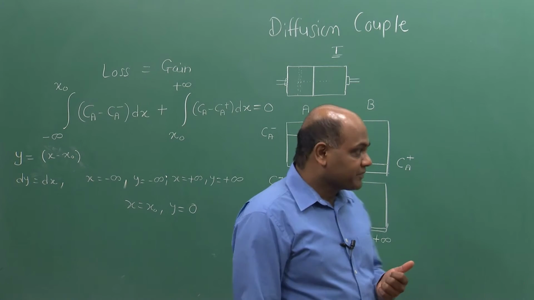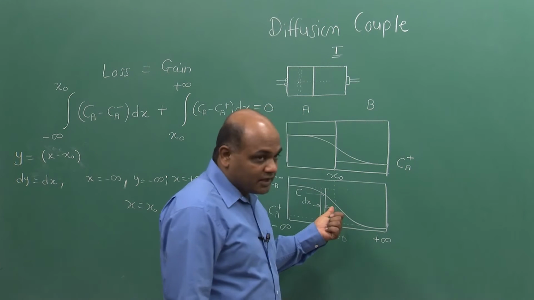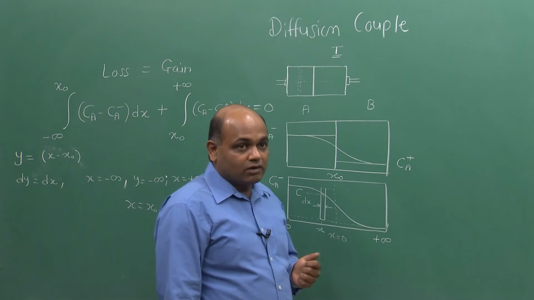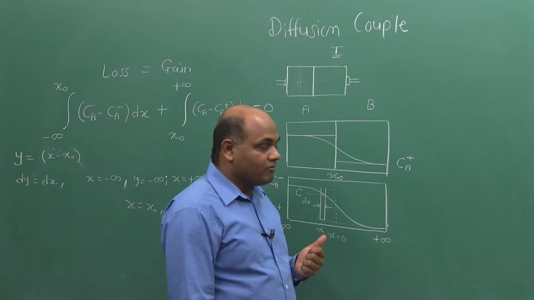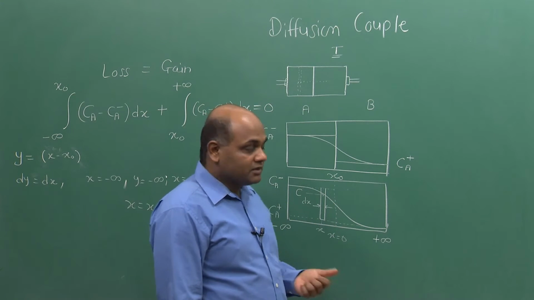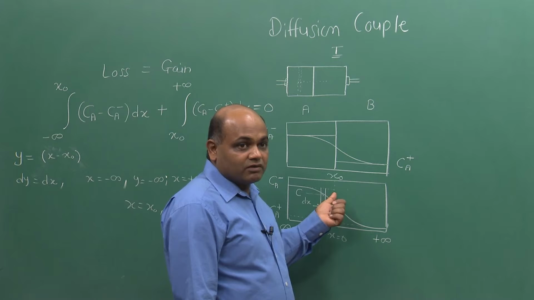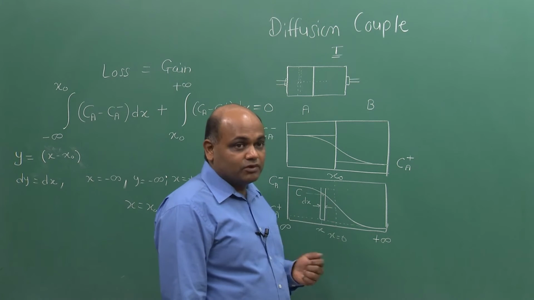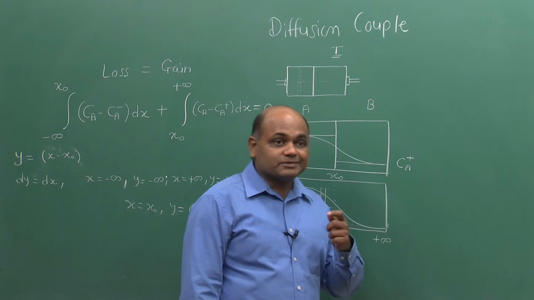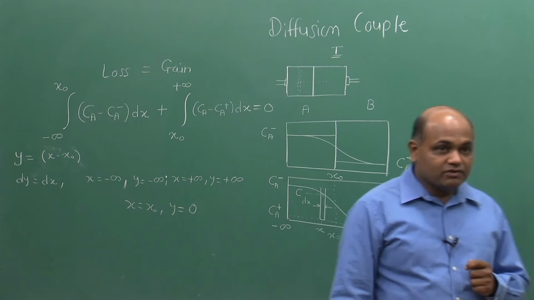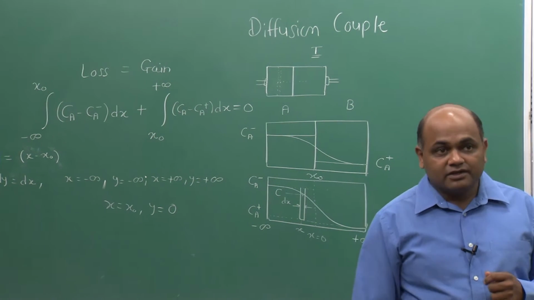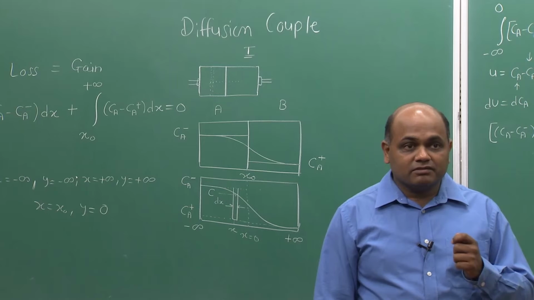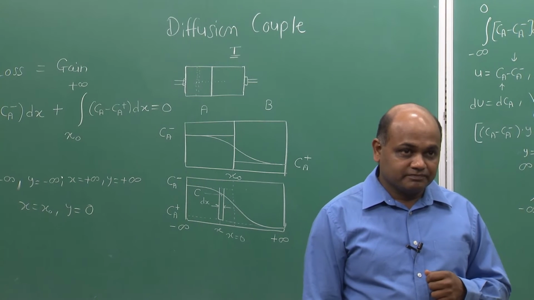And so, this plane has to be same for all the components. So, no matter which component we use for finding the location of Matano plane, we should get the same location, and this is possible only if all the components have constant partial molar volumes.